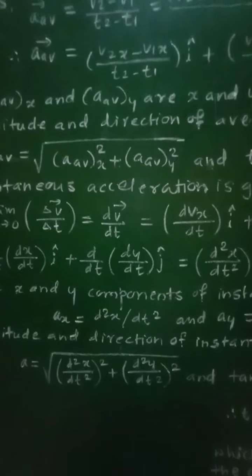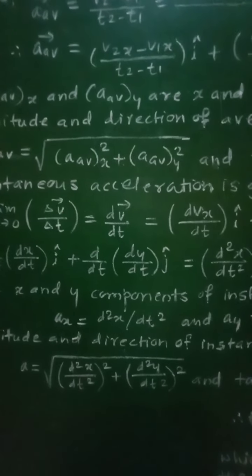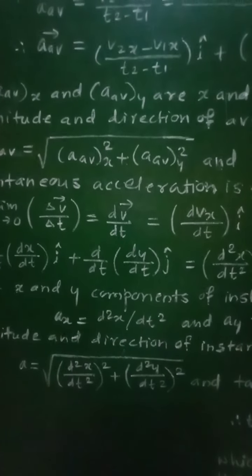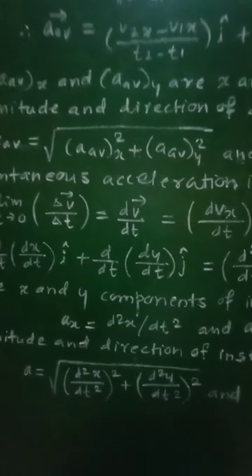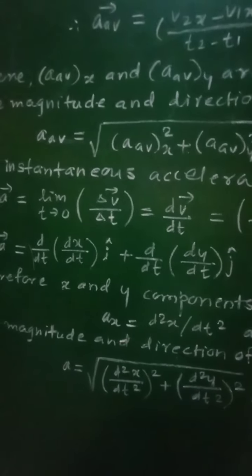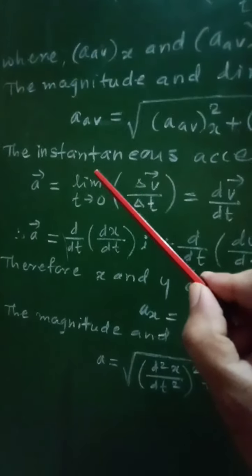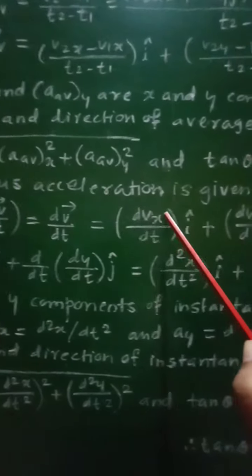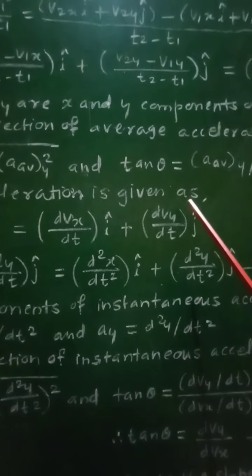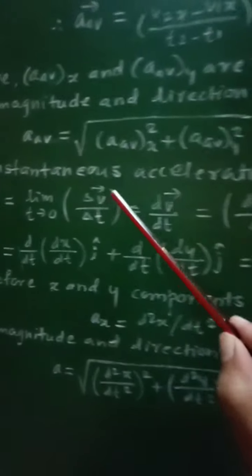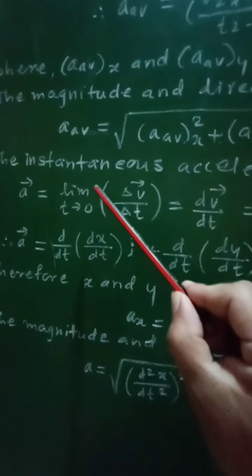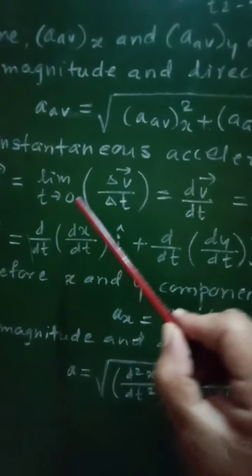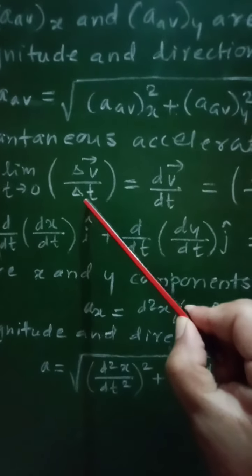Now, if the time interval between t1 and t2 is infinitesimal, that is a very small interval of time, if that time interval is tending to 0, then we can define the instantaneous acceleration, and therefore the instantaneous acceleration of that particle will be given as instantaneous acceleration vector a equal to limit delta t tends to 0, delta v upon delta t.